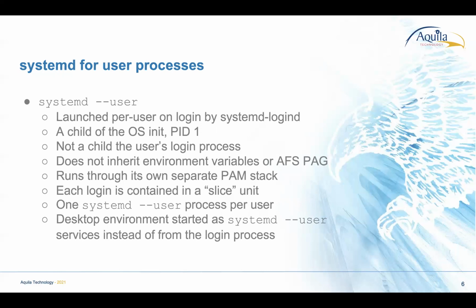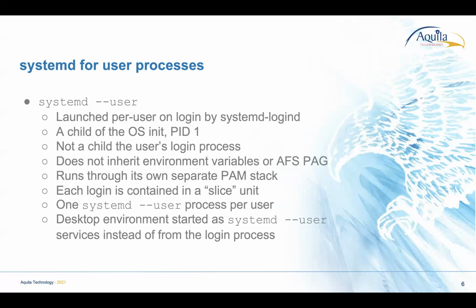The most important thing that affects AFS I've discovered has been the Systemd user process. This is a process that's launched by Systemd logind whenever you log into a system that's managed by Systemd. This process is a child of the operating system's init process and not a child of your login process. That means it doesn't inherit any environment variables, or the AFS PAG if you're using OpenAFS or AuriStorFS.